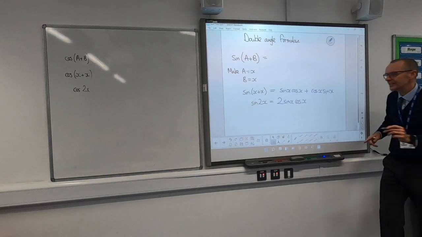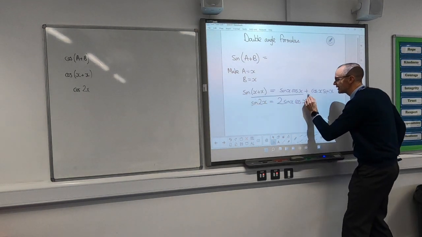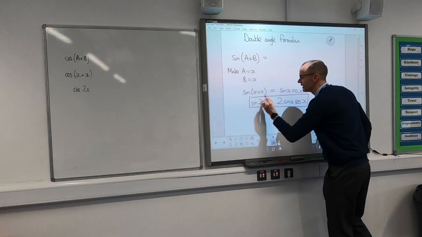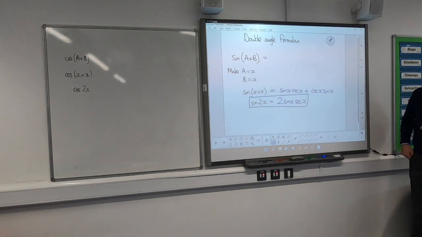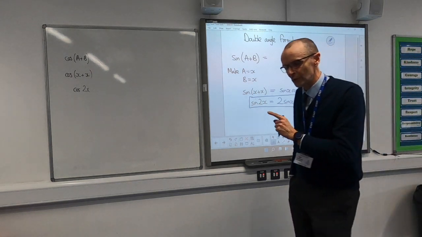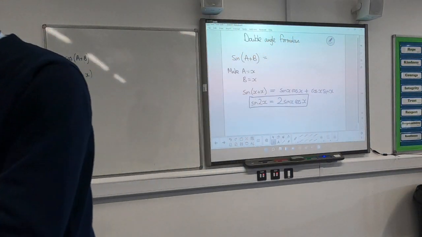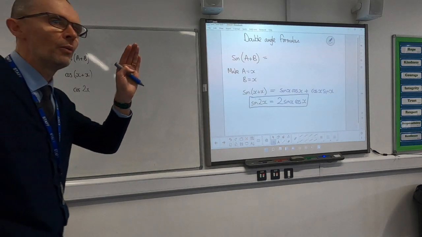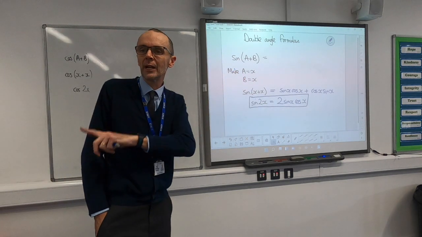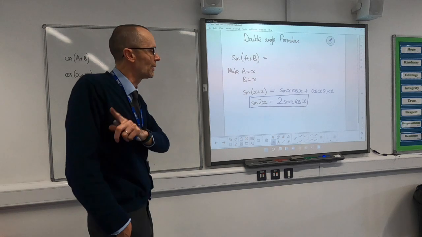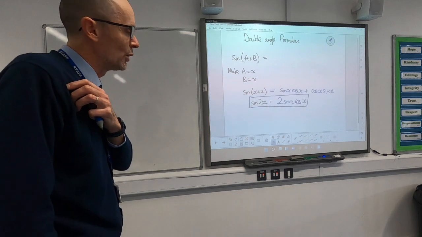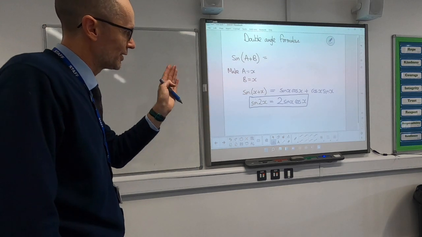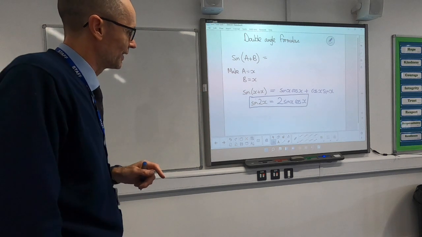And that is the latest identity that we're expected to be able to use. That the sine of 2x is equal to 2 times the sine of x times the cos of x. So if I know the sine of this angle, I can work out what the sine of double that angle is. It's not just double the sine of the angle, it's 2 times the sine of the angle multiplied by the cos of the angle.